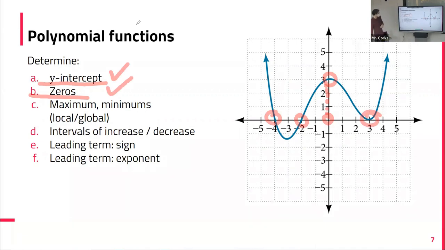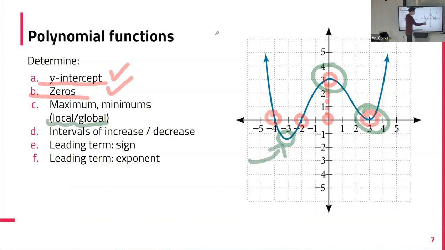All right, minimums, maximums, what do you see? Around -3, a minimum, and +3, and 0 here. So 3 turning points: 2 minimums, 1 maximum. Let's do this classification also.